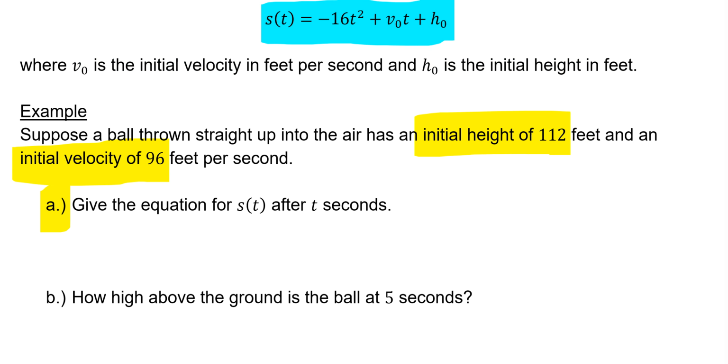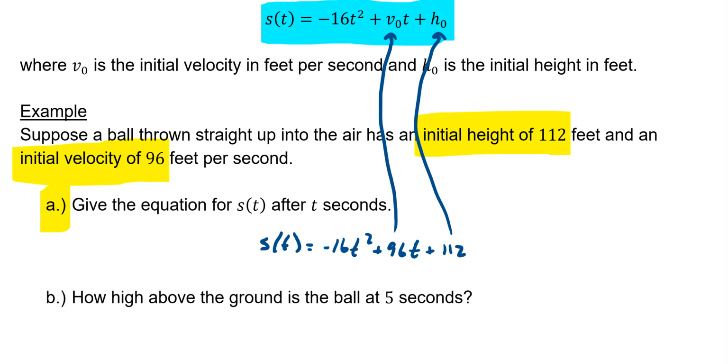So this is going to be s of t equals negative 16t squared plus the initial velocity, 96 feet per second, times t plus the initial height, which is 112 feet. So all we did was substitute our given values into v naught and h naught for the initial velocity and the initial height.